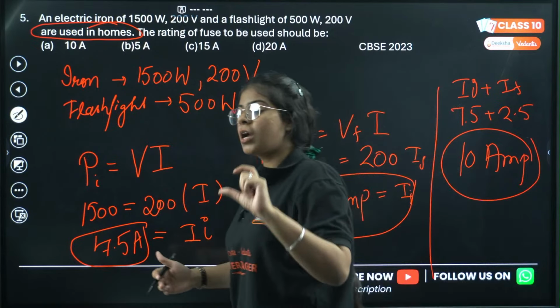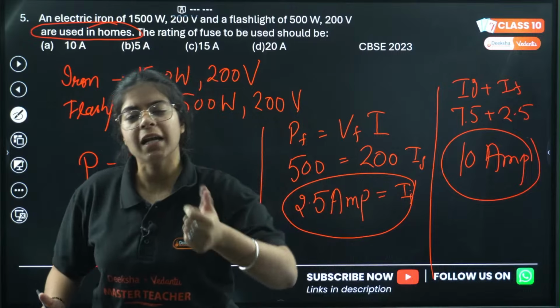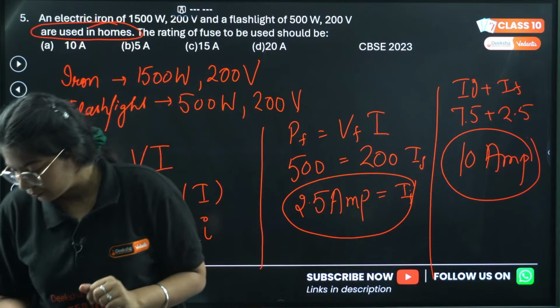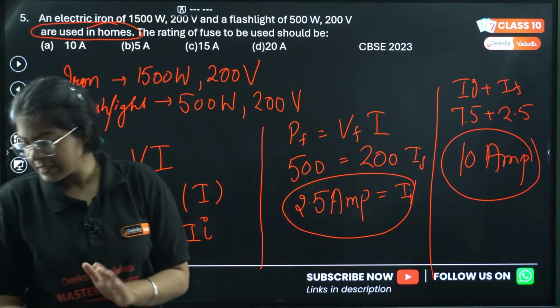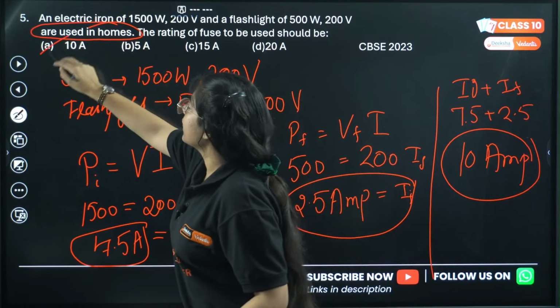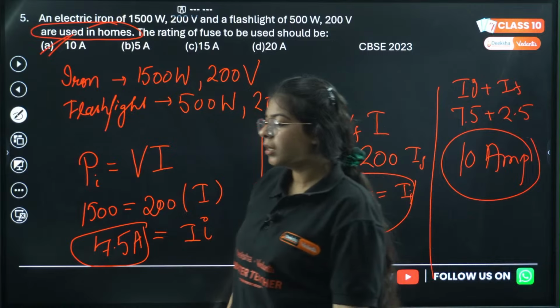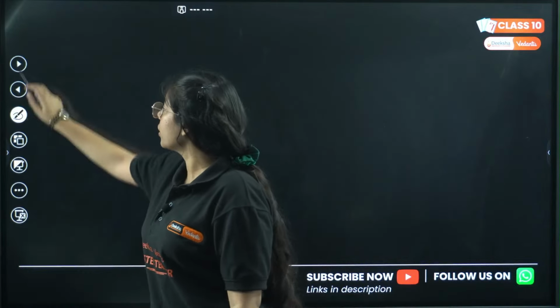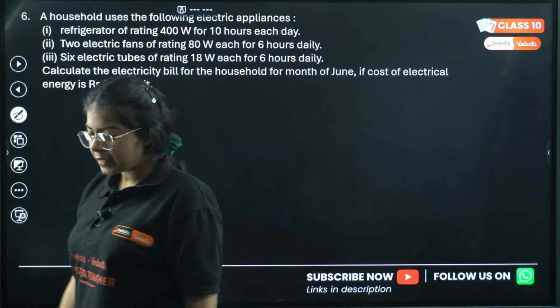So the fuse value should be a little bit greater than your required value. Yes, Abhimanyu was correct. So the correct option is 10 ampere. Okay, understood? Let's move on to the next question, read it carefully.